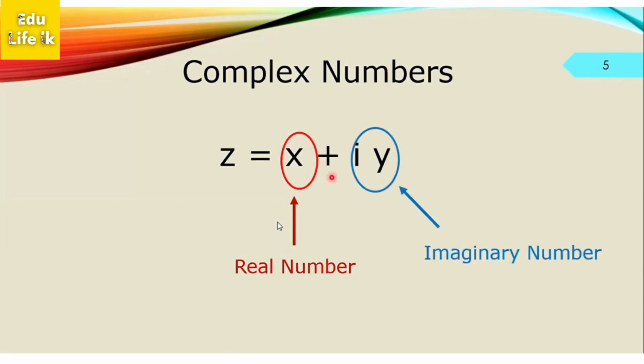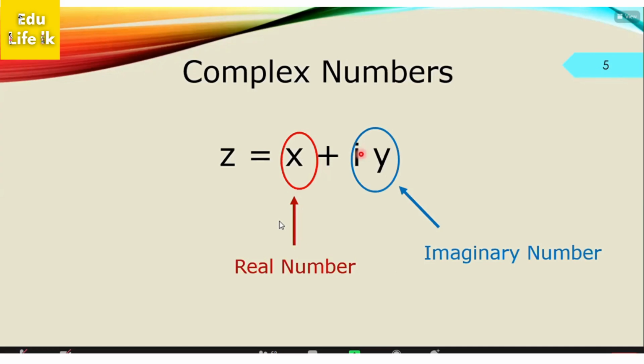I times Y is called an imaginary number. In an imaginary number, the letter I is always there.